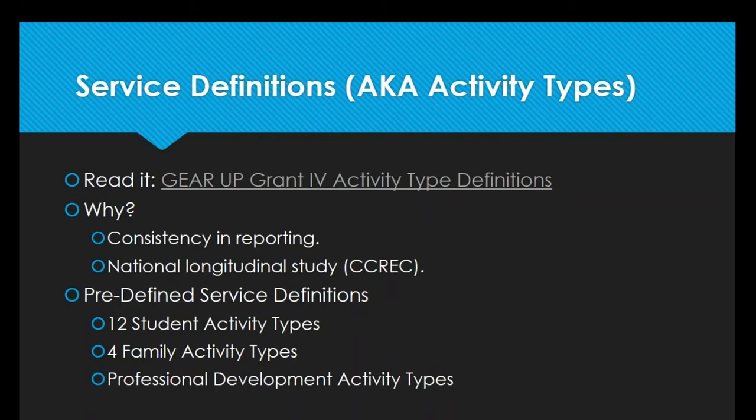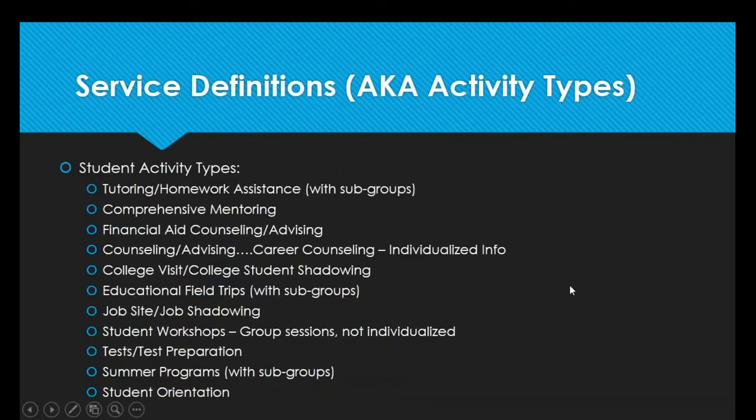So there are a total of 16 student and family activity types, 12 student and 4 family, and then there are additional pro-dev activity types. Here is the comprehensive list of the different types of student activities.